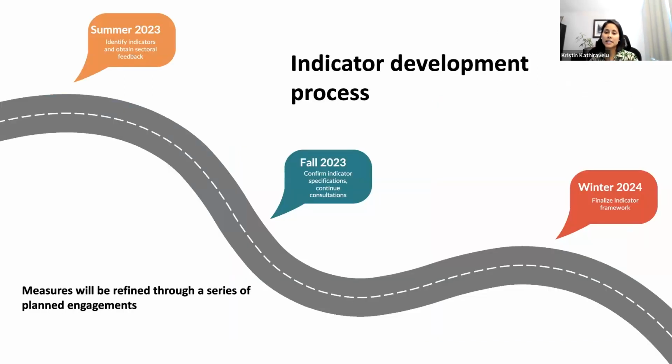As you can imagine, the development of these types of resources is very complex. It's very iterative work. So when we look at the development of the indicator framework, we've already started that work. Back in June, we engaged stakeholders and partners at many different levels of the system.